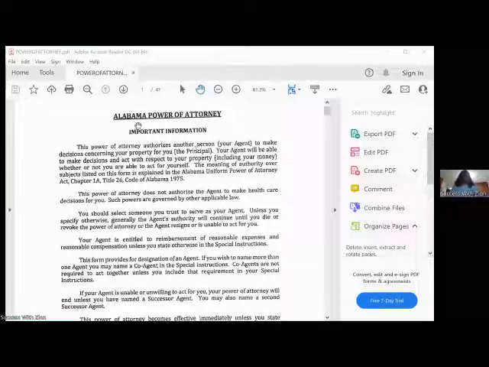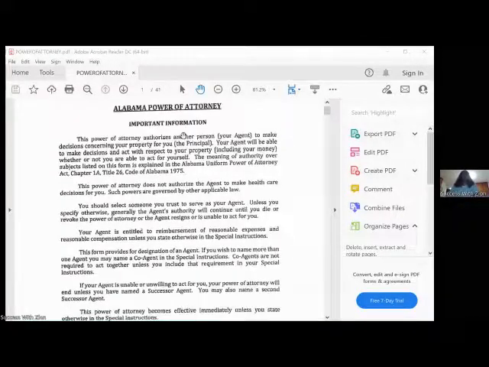So this one says Alabama power of attorney, and it says important information. This power of attorney authorizes another person to make decisions concerning the property for you. The principal is the person, the seller or the borrower, but the person that's authorized is the agent, right? So the agent will be able to make decisions and act with respect to the property, including their money, whether or not they're able to act for themselves.